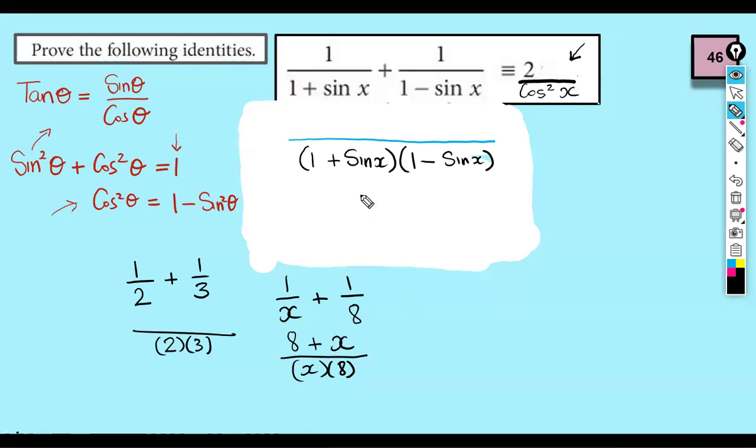So it's the same concept here. 1 plus sine x into this, you notice the 1 plus sine x matches up with the 1 plus sine x, so it leaves you with the other part of the LCM.